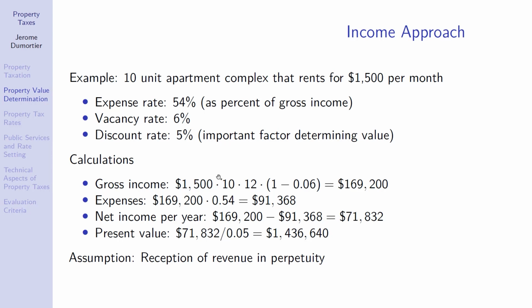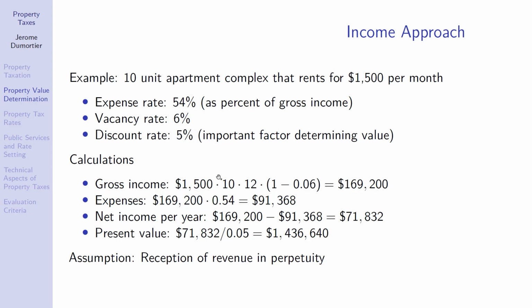We also have expenses associated with this apartment complex, and this is the 54% of the gross income. So here this would amount to $91,368. And based on the income and the expenses, we can calculate the profit per year. And that would amount to about $71,832.